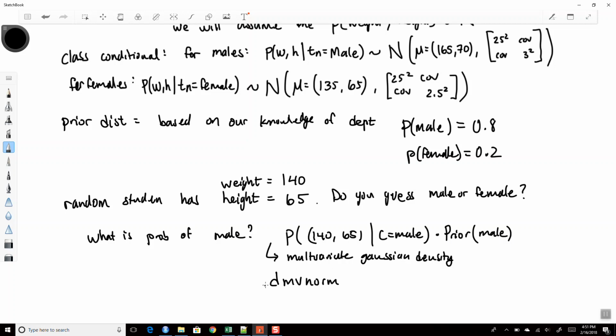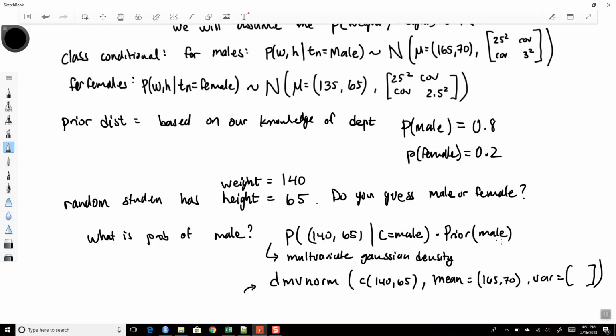So in R, we would say, what is the probability from the multivariate normal of getting, and we would put in the vector 140, 65, and then all of this stuff, right? Comma, mean equals 165 and 70, and variance is equal to the matrix.